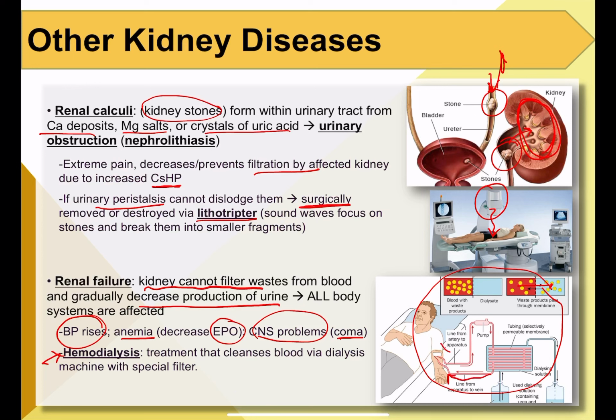So dirty blood comes out, goes through the pump, gets through this artificial filter that's going to excrete all that stuff for you, and then clean blood comes back into your body. Okay, so this is how your entire body's fluid can actually be cleansed by something that's external outside of your body and then going back inside.